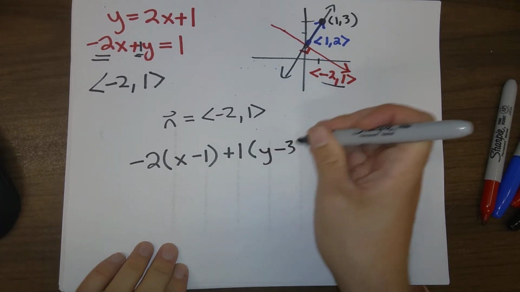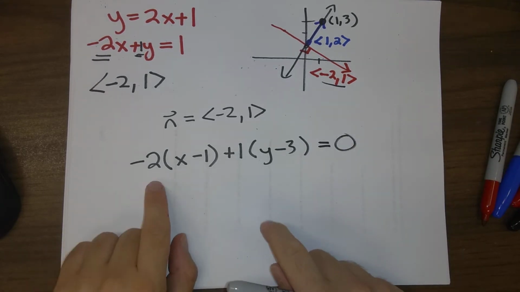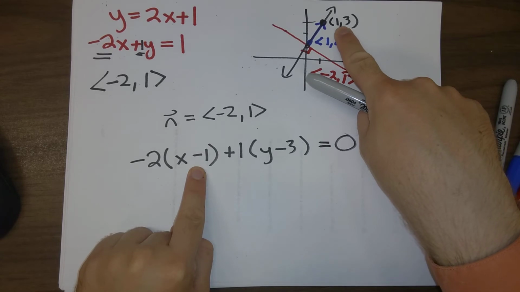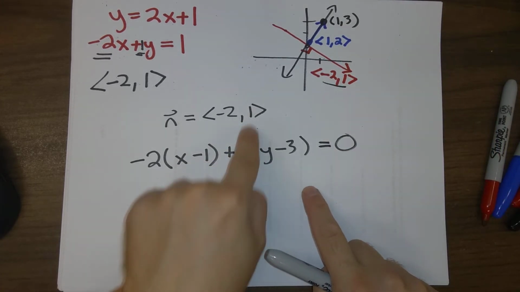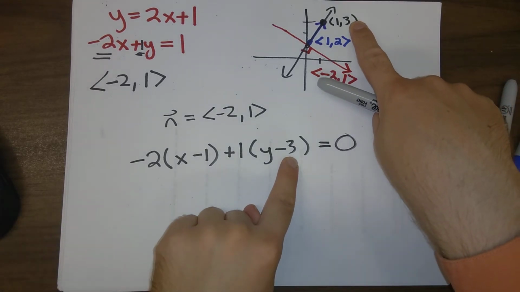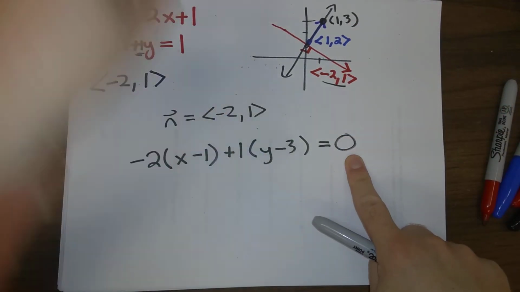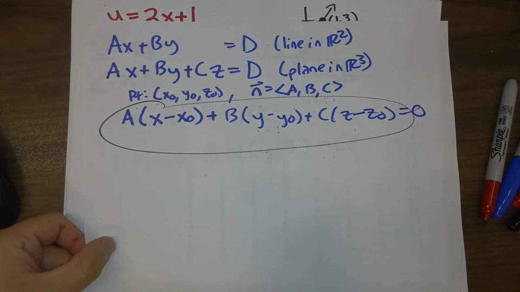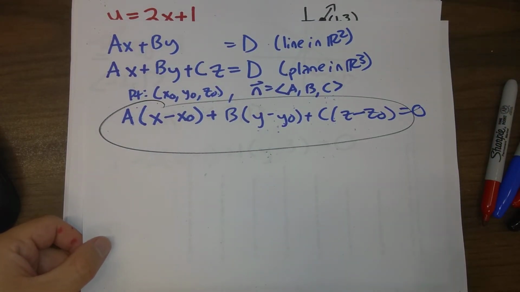So we can say here that -2 times x minus the x coordinate of the point that we have, plus 1, the entry from the normal vector, times y minus the y coordinate of the point we have, is equal to 0.